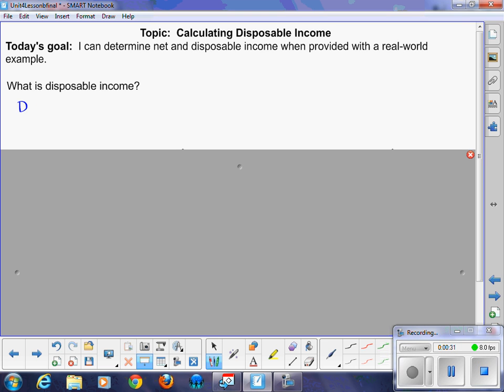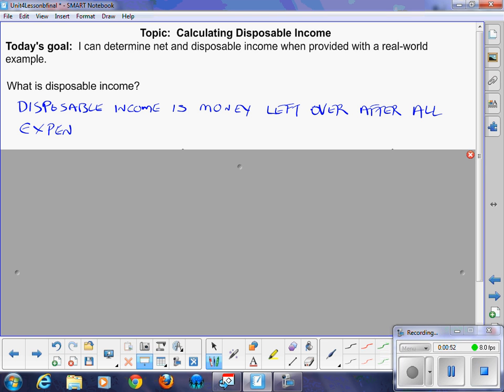So disposable income is money left over after all expenses are paid.